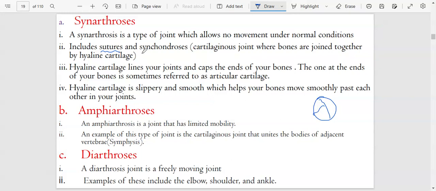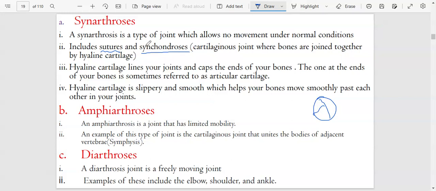We also have synchondrosis. Now, a synchondrosis is a cartilaginous joint where bones are joined together by hyaline cartilage. So that is another example of a synostosis. These do not allow movement. They cannot allow movements at all.